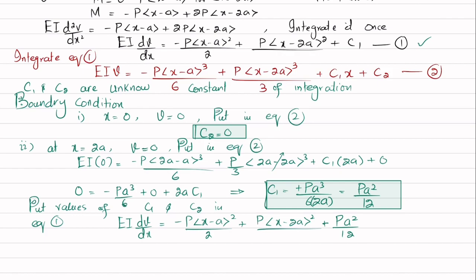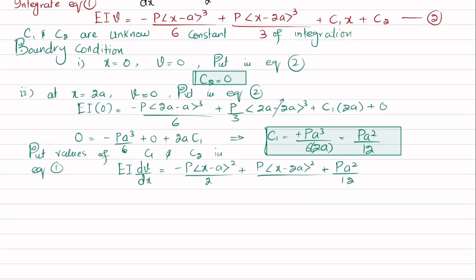Now divide by EI on both sides of the equation, so you will get dv/dx is equal to 1 over EI into minus P times (x minus a) whole square over 2 plus P times (x minus 2a) whole square plus Pa square over 12.